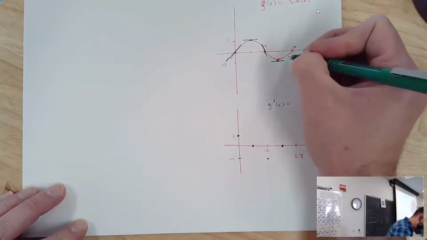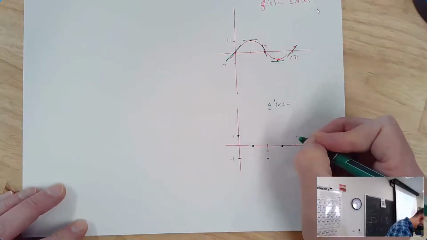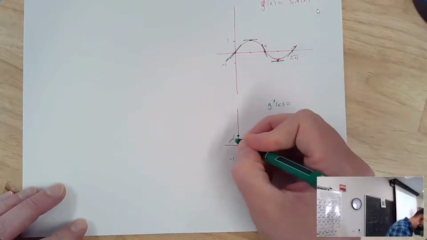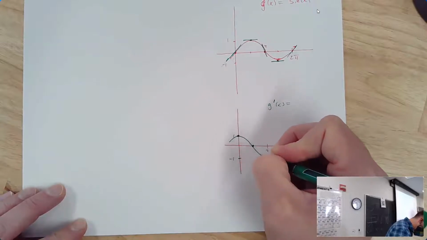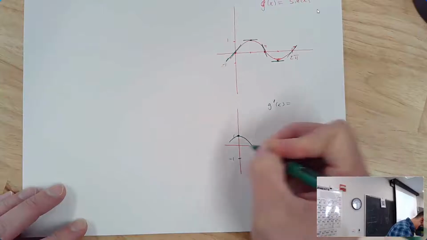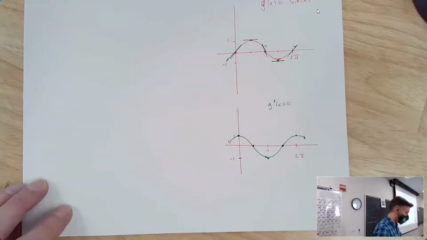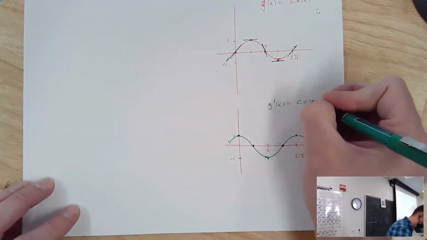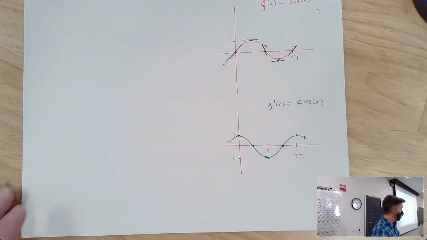And over here, the slope of the tangent line is once again +1. If you look at this, what trigonometric function does it look like I'm getting as the derivative? Definitely looks like cosine. It definitely is cosine. The derivative of sin(x) is cos(x).